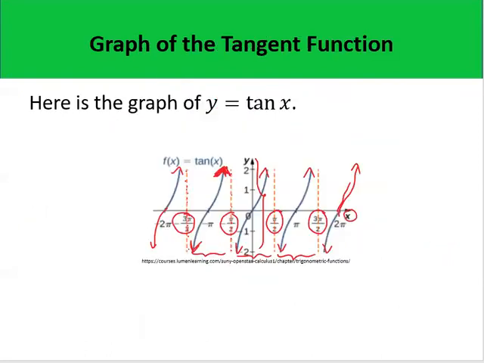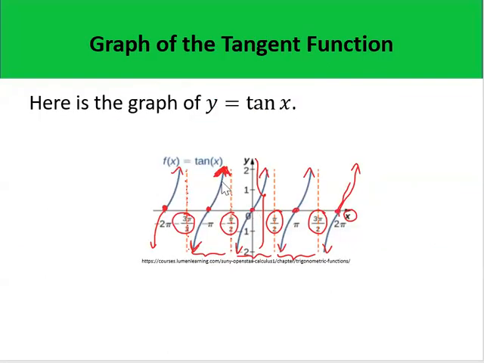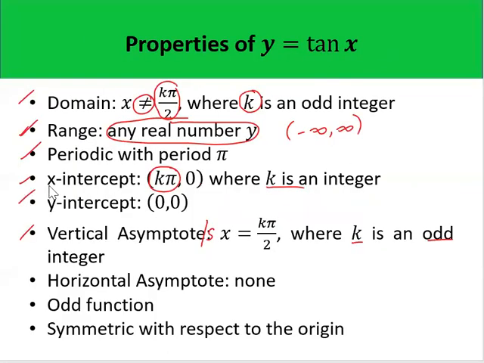And then the x-intercepts happen at negative 2 pi, negative pi, 0, pi, and 2 pi. In general, the x-intercepts happen at k pi, comma 0, where k is any integer. And then the graph crosses the origin, so definitely the y-intercept is also the origin, 0, comma 0.